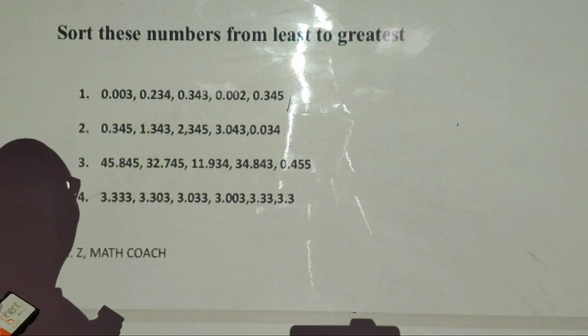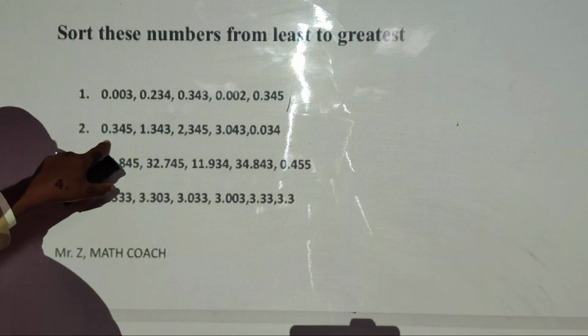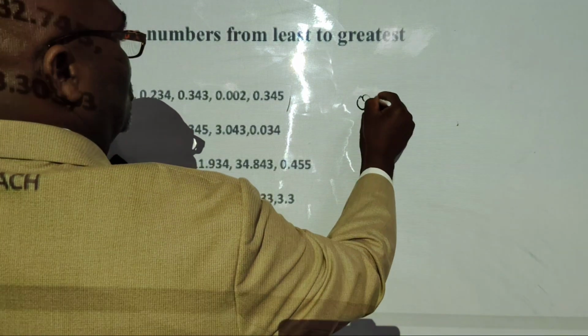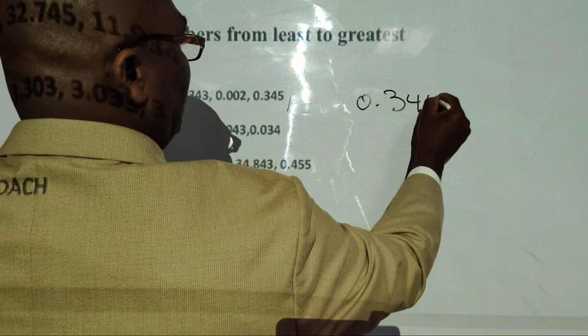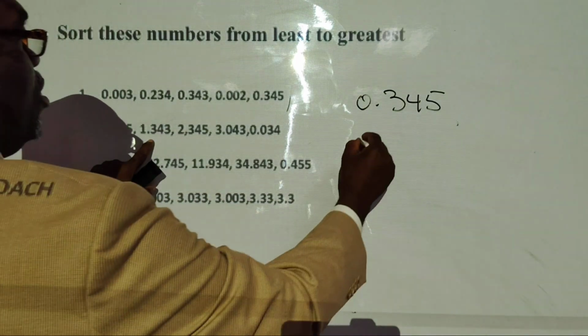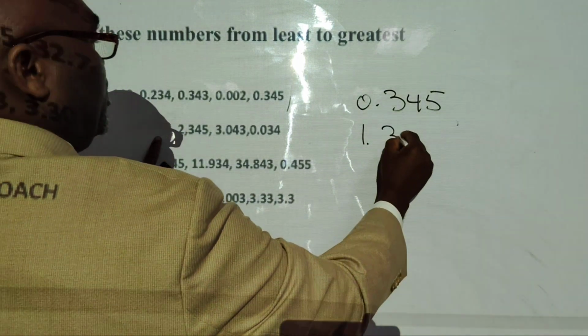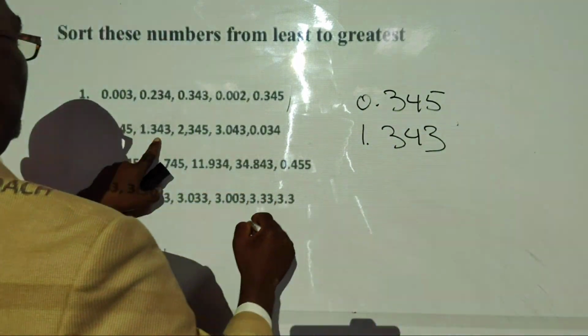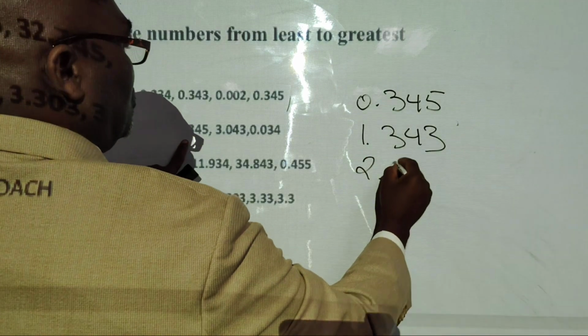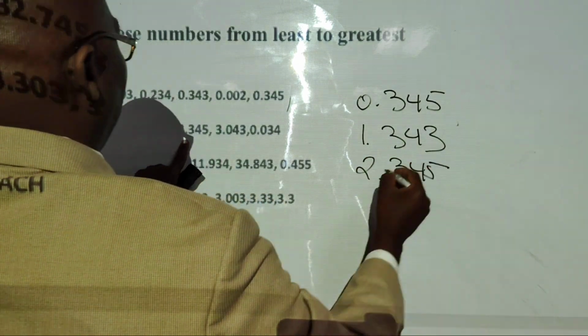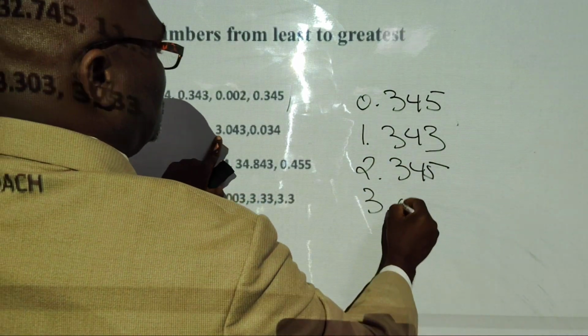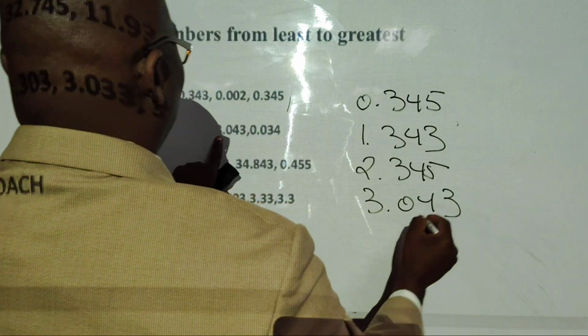So let's do number 2. Okay, so number 2, we got 0.345. I got 1.343. We got 2.345. Then you got 3.043.